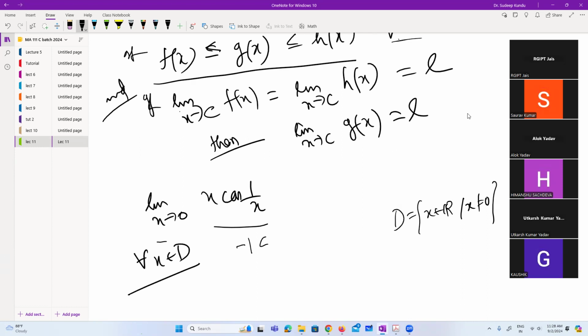So suppose this is already true, right? For all x in D, minus 1 is less than or equal to cos 1 by x, less than or equal to 1. Is it clear? Yes, sir. Suppose now you multiply both sides by x. So what will happen? x cos 1 by x.